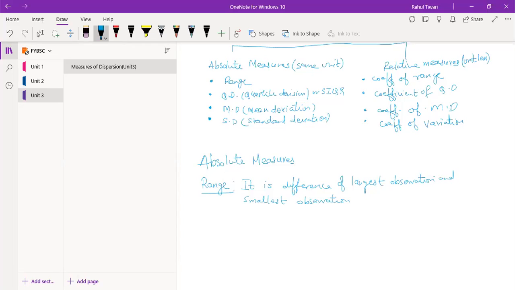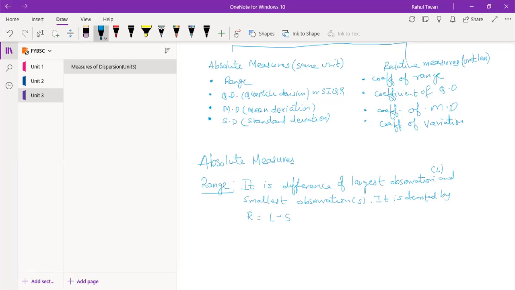The largest observation I will call L, and the smallest I will call S. I have already mentioned it is the difference between the largest number and the smallest number. Therefore, it is denoted by capital R, which is equal to largest minus smallest.